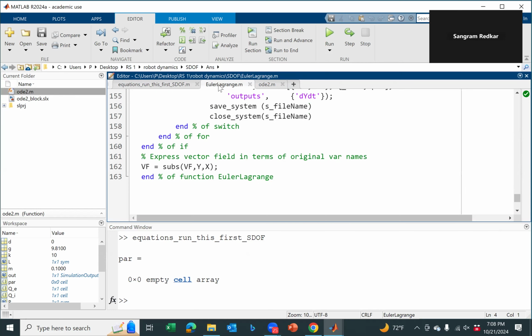So how do you solve a robot problem? Now here is the most important thing. If you look at the robot, first you will find out the forward kinematics. After you are done with the forward kinematics, you will find out the velocities of each and every joint, which means you will actually have maybe 2 links, or maybe 3 links, or maybe 4 links.